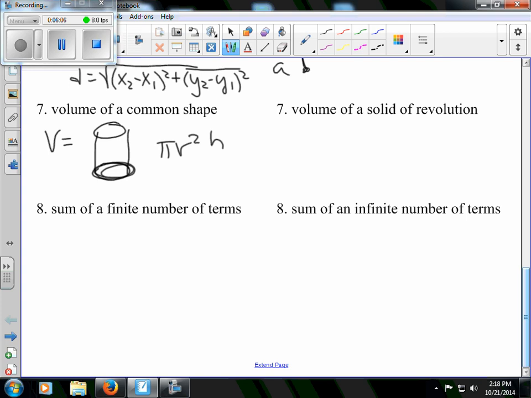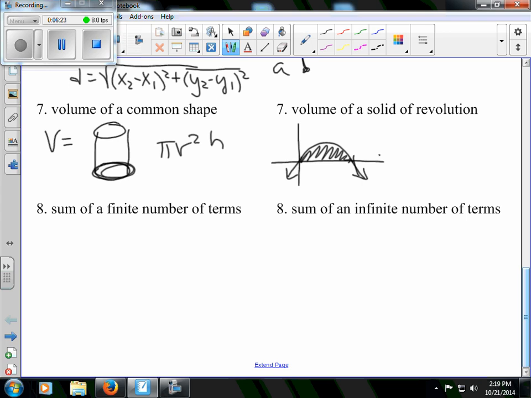In calculus, we're going to do something really crazy. We're going to take a curve that comes from a graph. So we're going to graph a curve, and we're going to talk about the area under the curve in, say, the first quadrant, just like we did in the previous example.